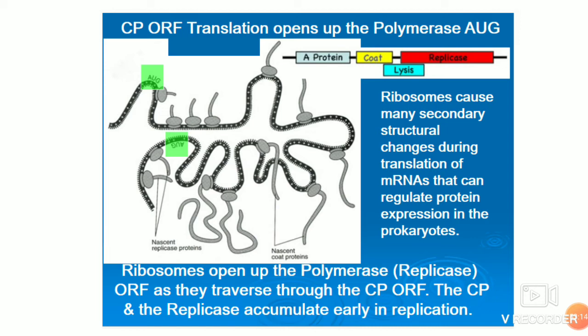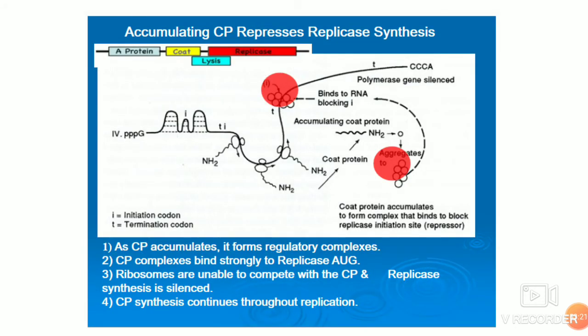Now you have the coat protein synthesized, and you have the replicase which is accumulating in the early replication. As more and more coat protein is formed, it also has a regulatory function, because these coat proteins form complexes.